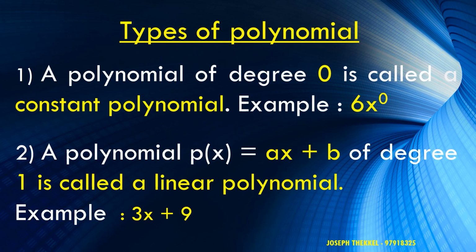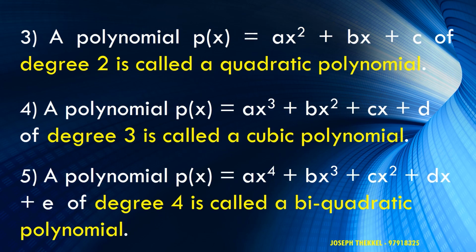Types of polynomial. 1. A polynomial of degree 0 is called a constant polynomial. Example, 6x⁰. 2. A polynomial p(x) = ax + b of degree 1 is called a linear polynomial. Example, 3x + 9. 3.